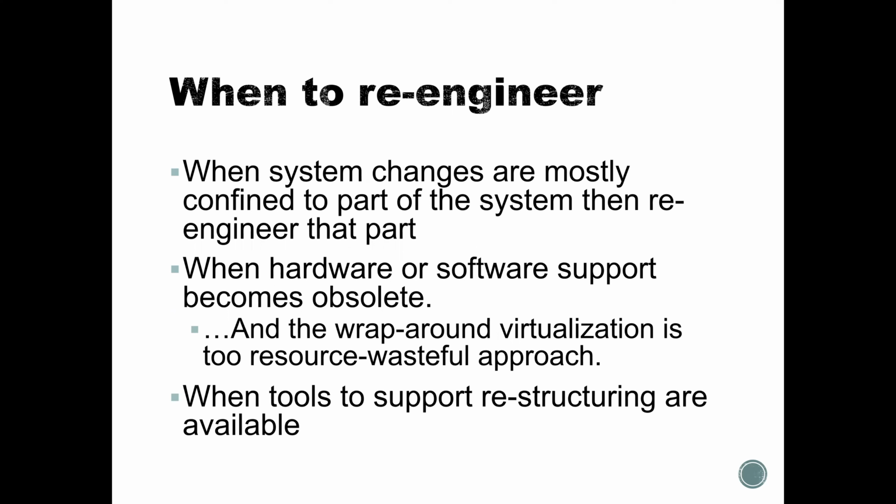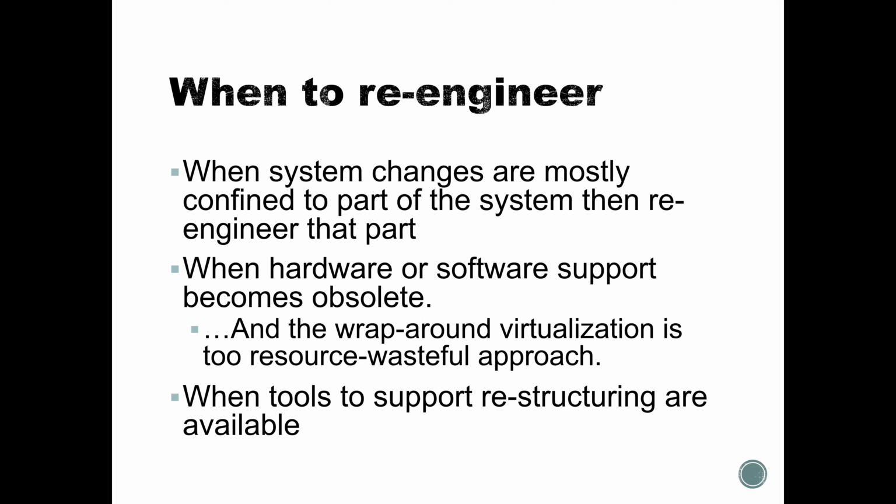So the thing is, when do we actually want to re-engineer? When the system changes are mostly confined to part of the system, then re-engineering is the best approach. So you don't want to change the entire system. You just want to change a particular part of that system. In that scenario, re-engineering is the best choice.